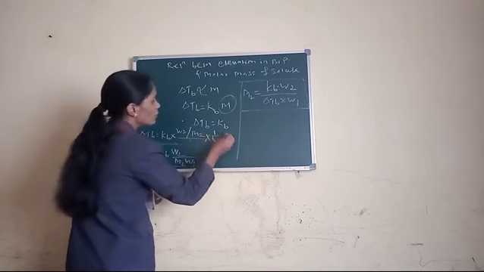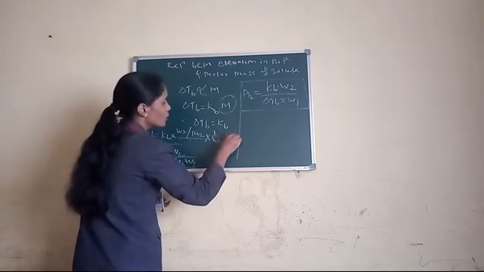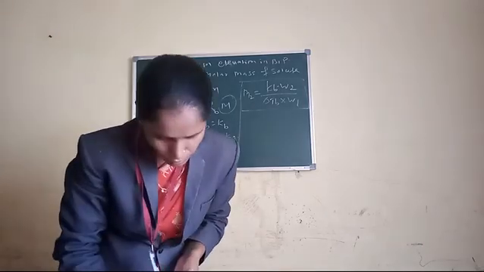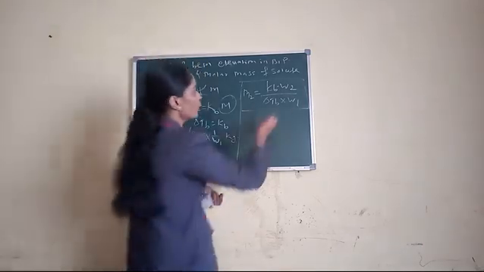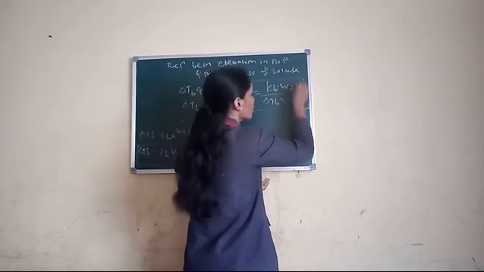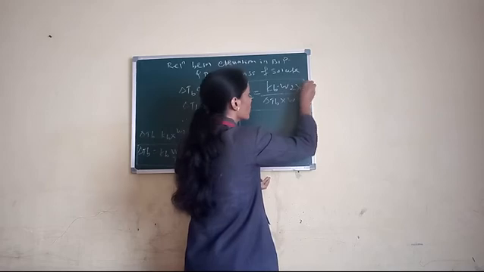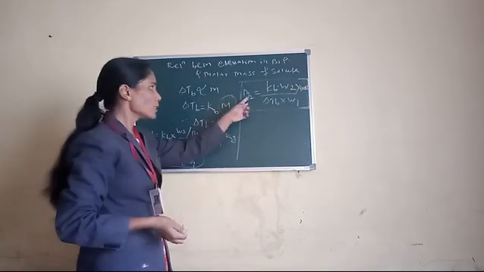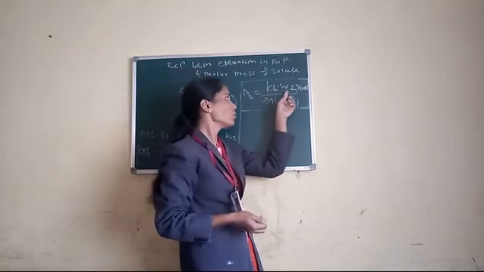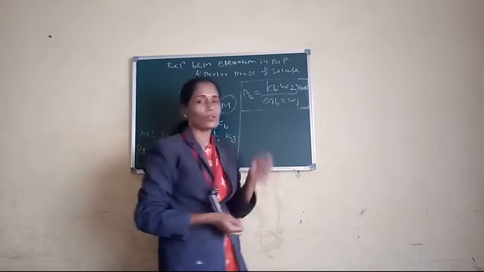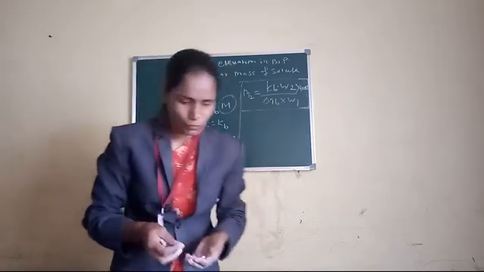With solvent in kg, we also write into 1000, means M2 is equal to KB into W2 into 1000 upon delta TB into W1.